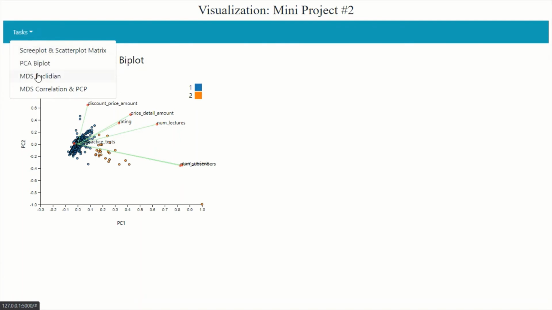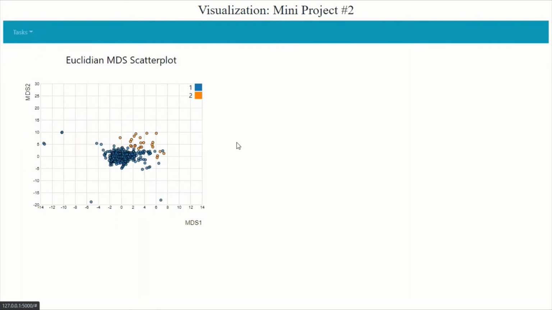The second algorithm is multidimensional scaling. This is a plot which uses Euclidean distance for plotting MDS.